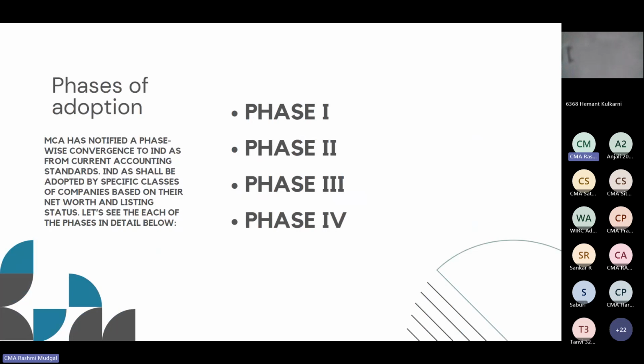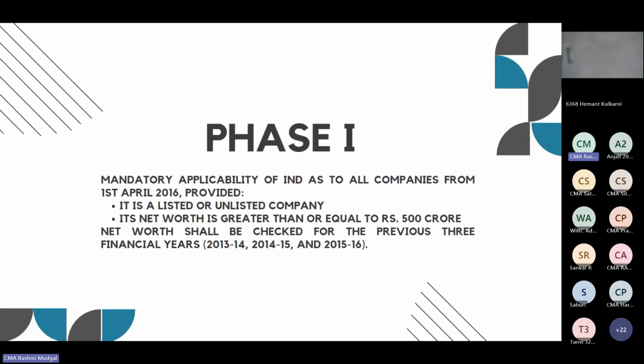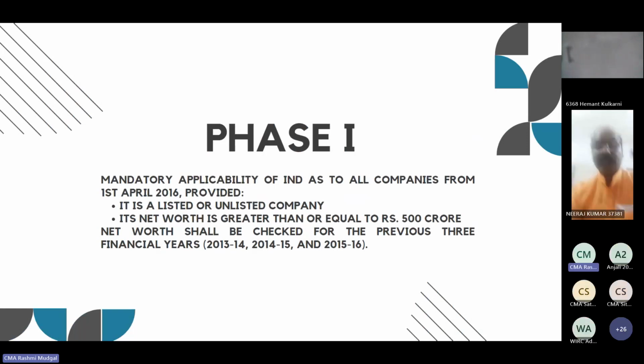Phase one was mandatory applicability of Ind AS to companies from 1st April 2016, whether listed or unlisted, if its net worth is greater than or equal to 500 crores. Net worth shall be checked for the previous three years, that is 2013-14, 14-15 and 15-16. That was phase one.